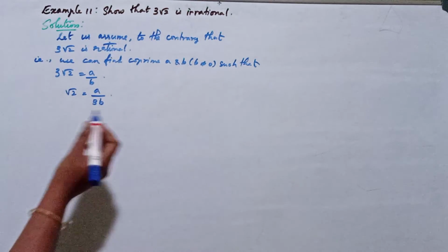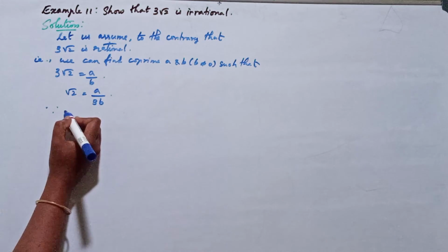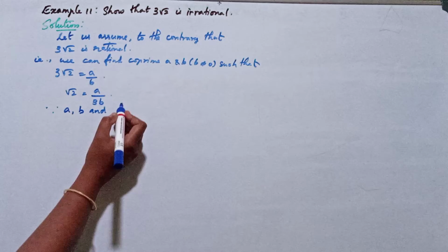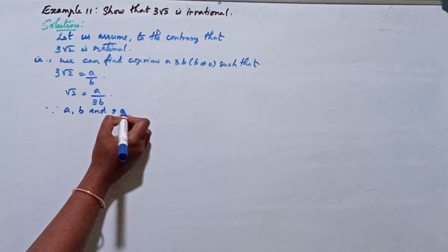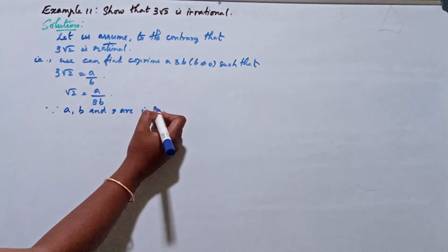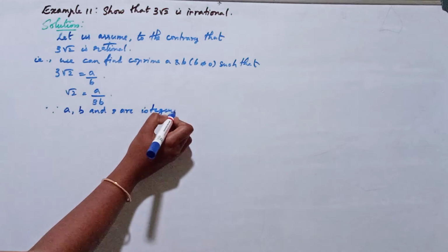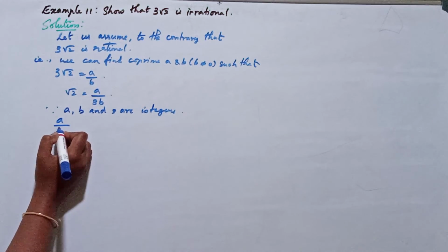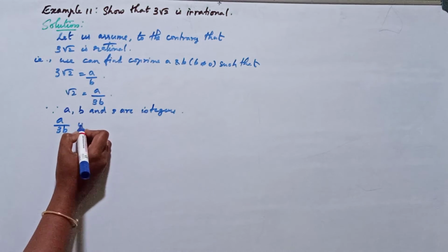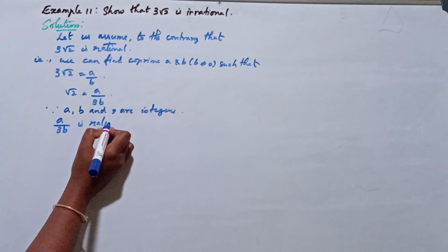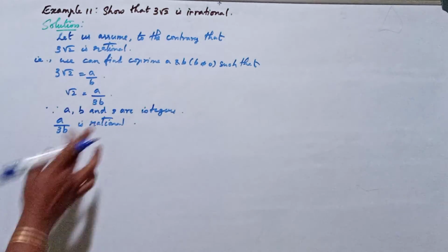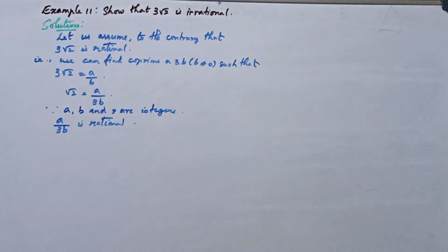So since a, b and 3 are integers, a by 3b is rational. You know a by b is rational, because of that a by 3b is also rational.